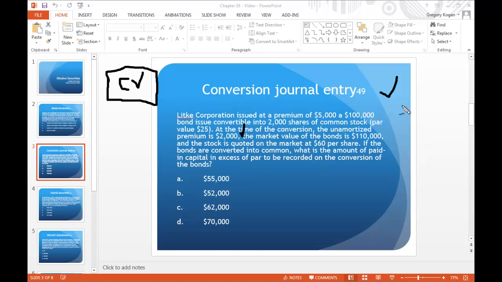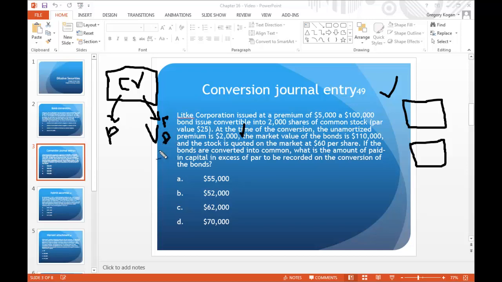And then what goes on the right is two things: the par and then the equity, which is paid in capital in excess of par. And on the left here, the carrying value includes two things. It's basically the bond par and the unamortized premium or discount.